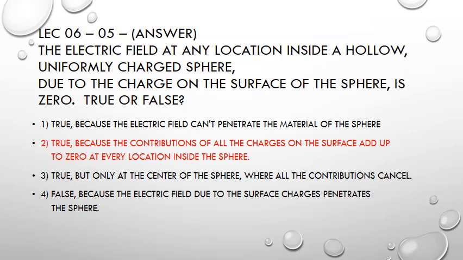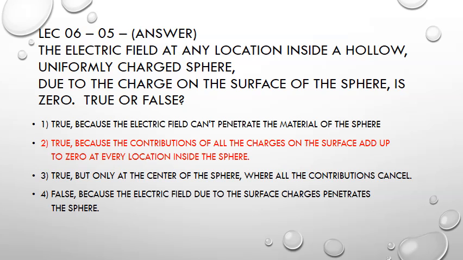Well, because I just showed you the animation, the simulation of why that happens, it's because the electric fields from all the charges on the surface add up to be a net field of 0 inside. I can tell you why 1 is false, because electric fields penetrate all matter and all materials. So 1 is false. 3 is false.